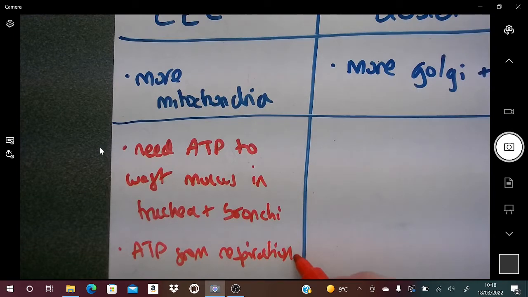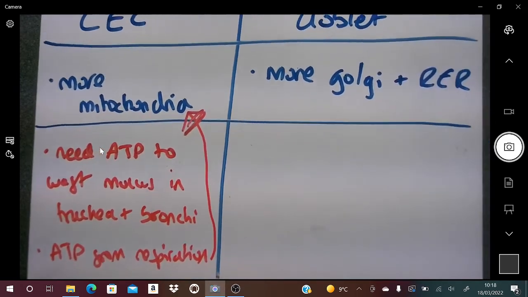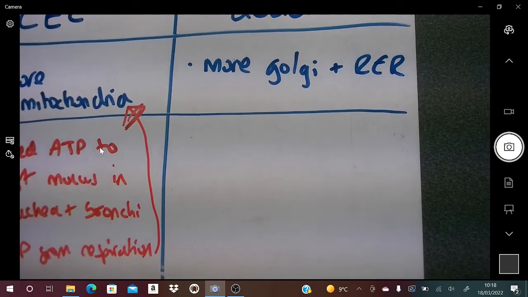So that's why we have that link there. Mitochondria, site of aerobic respiration. The goblet cells, and again I am deliberately going fast because you have the ability to pause and rewind me.